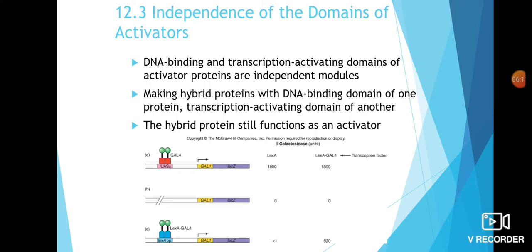When nothing is bound, the transcription level is 0. Now the third one, C, is what they have created using the domain swapping model: LexA DNA binding domain and GAL4 activation domain. So the LexA DNA binding domain will only bind to the LexA region, not any other portion. You can see that here also transcription is going on.